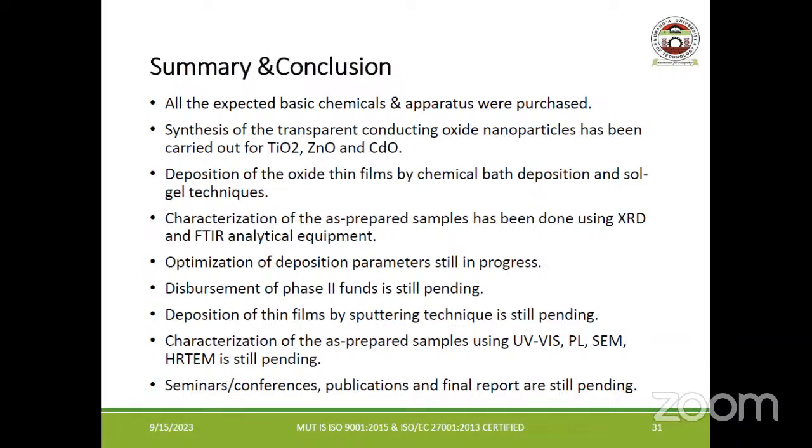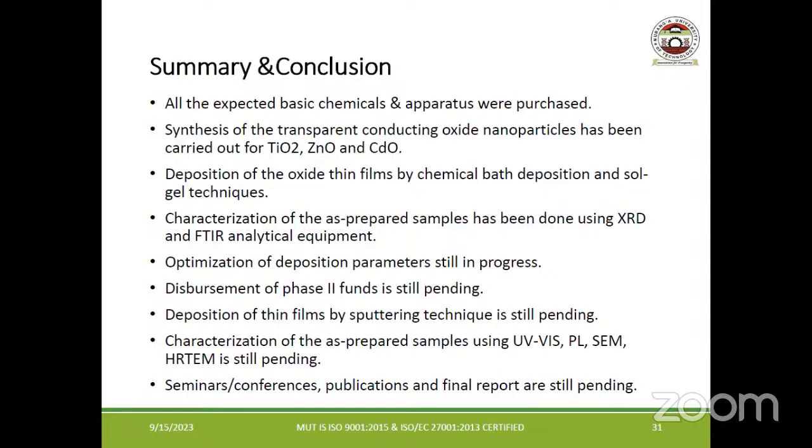And therefore, these equipment that we are yet to use are important in identifying the size and shape of the nanoparticles and the nanorods that we are synthesizing in our laboratory.